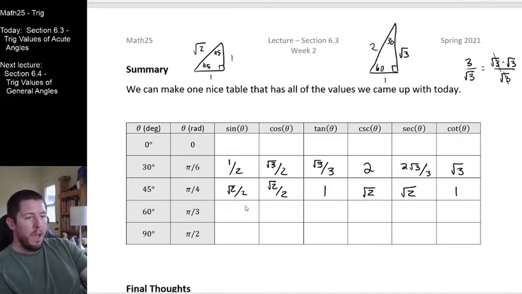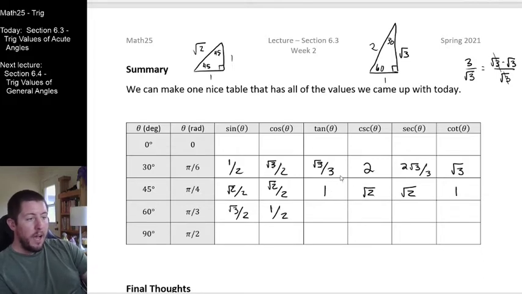Now, I know that for 60 degrees, I'm going to do this my more convenient way. I know that the sine of 30 is the same as the cosine of 60 because those are complementary angles. So I can right away just do this. All I did there was just switch these two boxes right there.